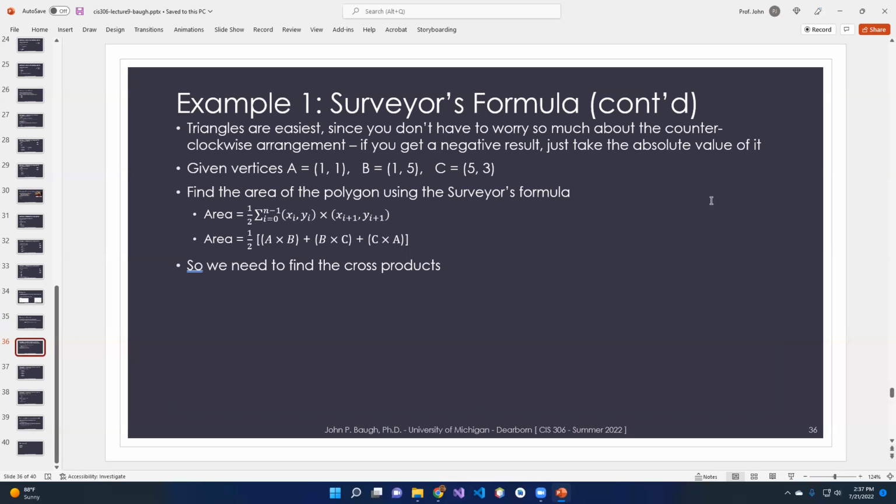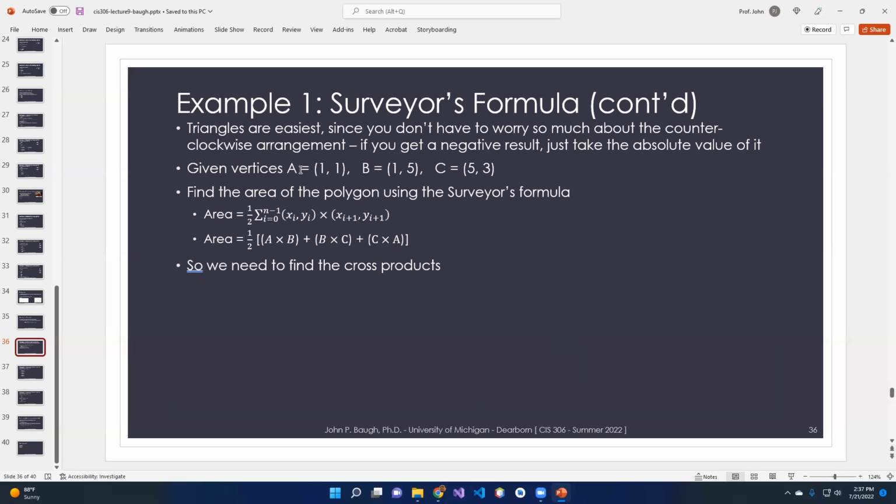If you get a negative result, you just take the absolute value of it for the three-point situation. For other situations, like with 4 or more points especially, you really have to know where those points are on a graph to know if they are counterclockwise, because that's the order you have to take them in.